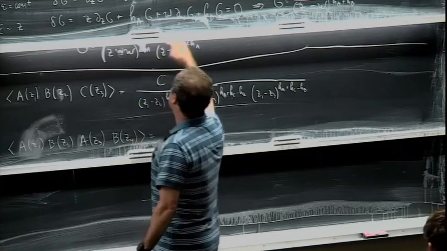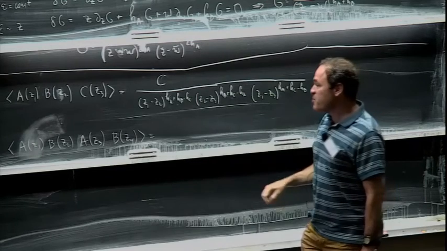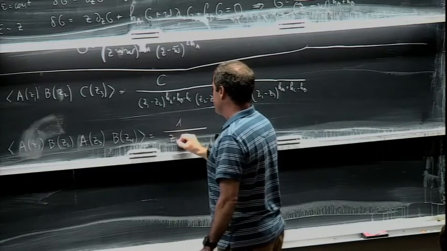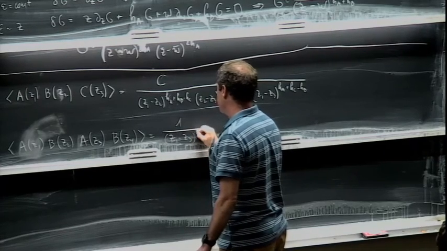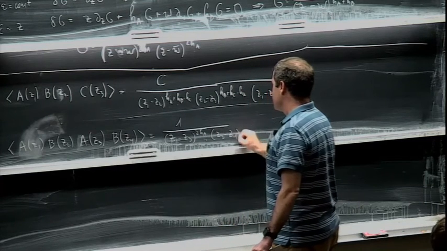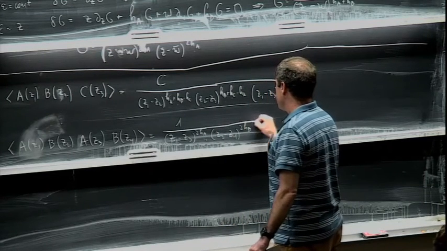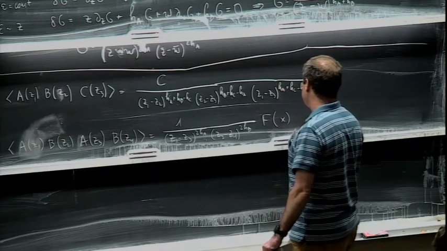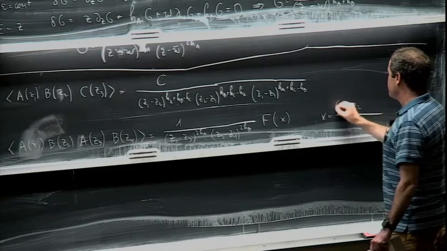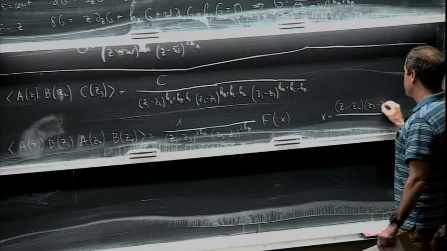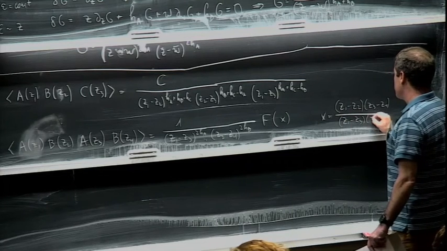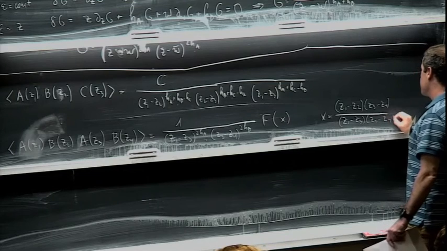You can show by repeating the same arguments, but now with 4 points, that this correlation function has to go as 1 divided by z1 minus z3 to the power of 2ha, times z2 minus z4 to the power of 2hb, multiplied by some function of x, where x is a very special ratio: z1 minus z2 times z3 minus z4, divided by z1 minus z3 times z2 minus z4. Sometimes it's called the anharmonic ratio.